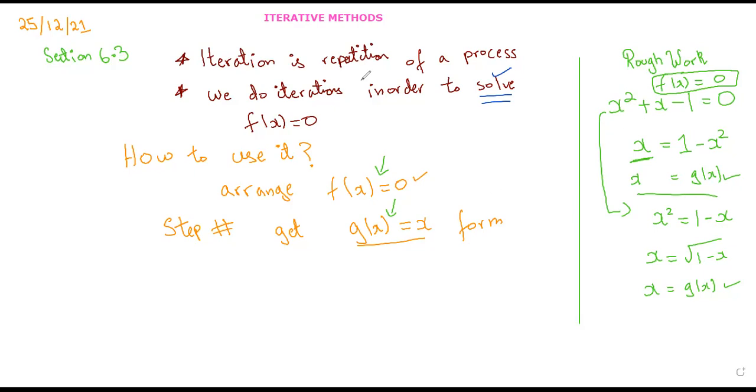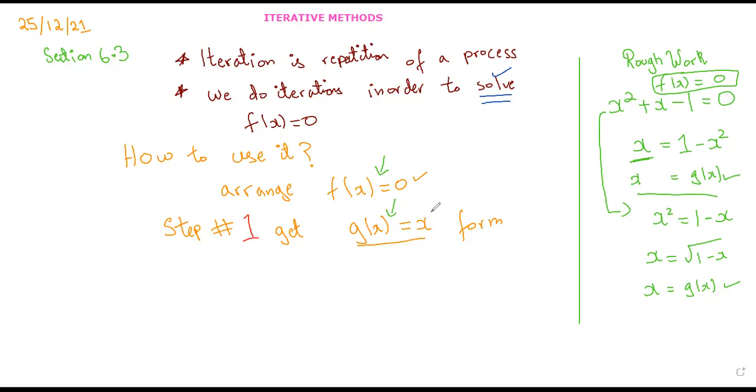I am saying for solving it through iterative methods, what iterative methods are? When you are solving for f of x equals 0, here your goal is to find the value of x, and we are doing that. Step 1 is to get g of x equals x form.